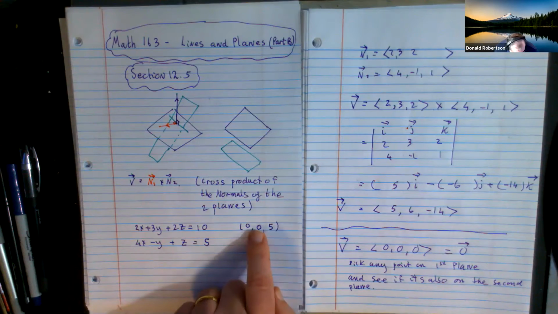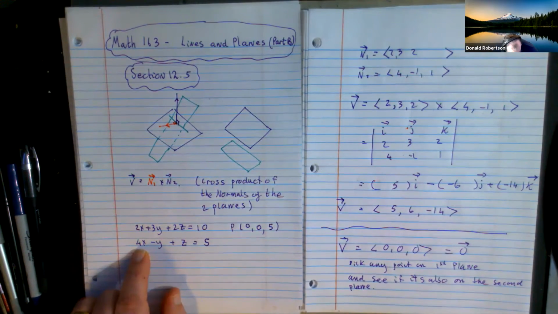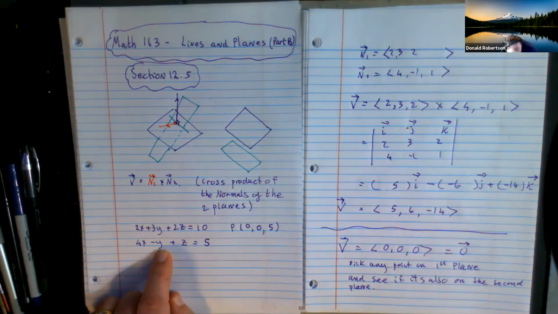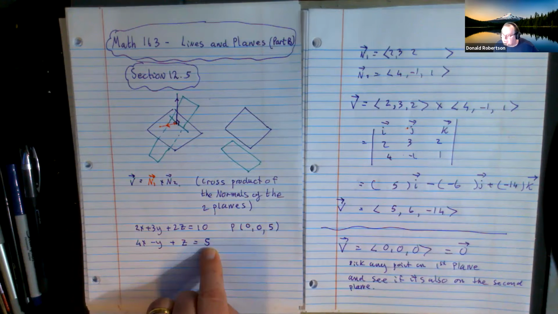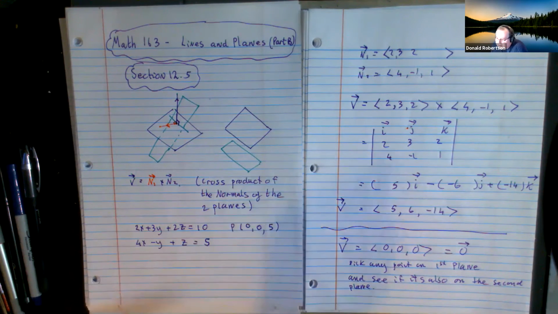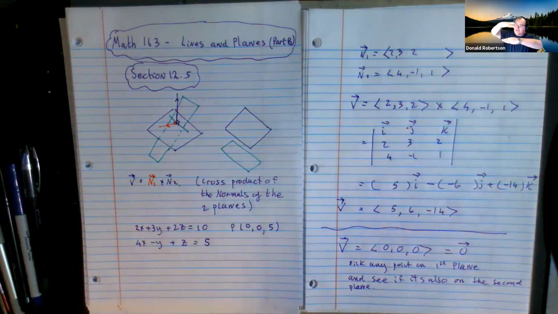Now, I would test this point, I'll call it P. It's 4 lots of 0, take away a 0, add 5, 5. And the answer is, in this case, yes. Great. So what does that tell me? If your two planes were parallel, wouldn't a point on the first plane never be on the second?